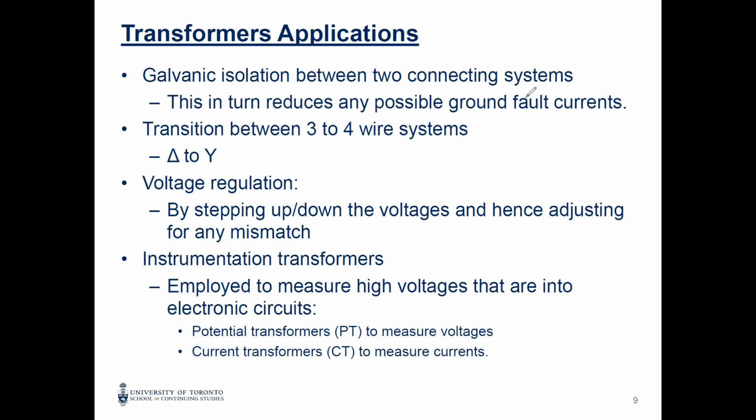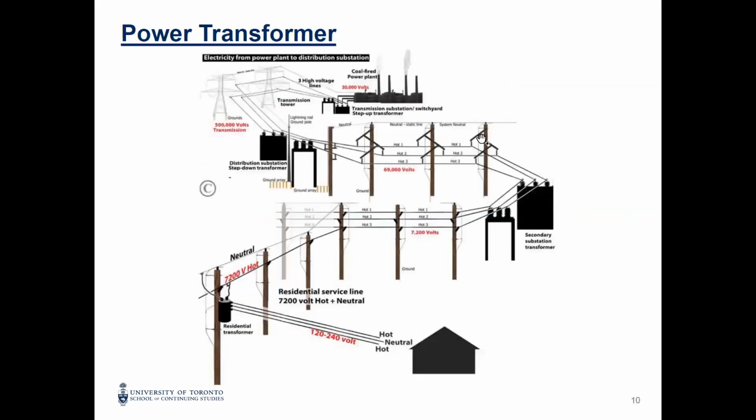We don't want to go deep, but just to show you that it's not just the power transformer that we are going to explain in this slide, but they have different applications. The main one was the power transformer. In, for example, Ontario's power system, we have maybe thousands of transformers, starting from the generation up to your load.